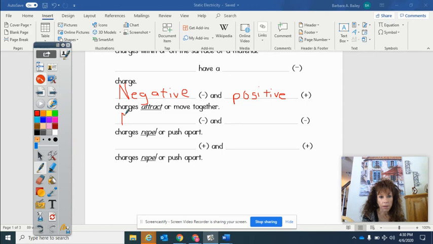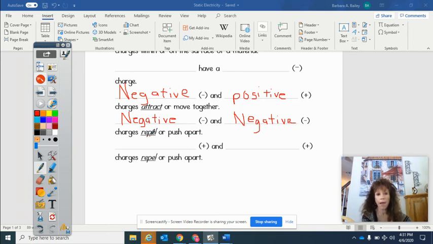So negative and negative, negative and negative repel.